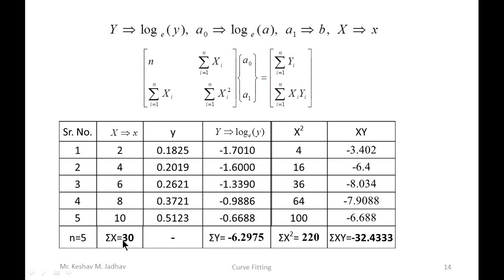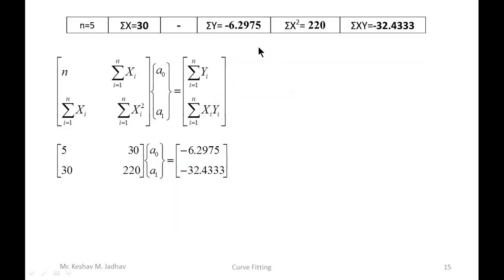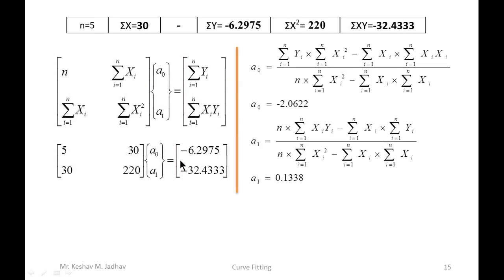Then this is summation of x, then summation of y, then summation of x square and summation of x into y. By putting these values in this matrix, we will get this matrix, and we can solve it by using Cramer's rule or by using any other numerical methods. If you solve by using Cramer's rule, then we will get A0 is equal to minus 2.0622 and A1 is equal to 0.1338.